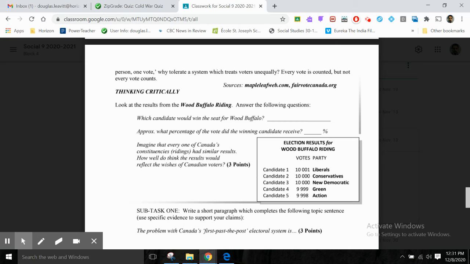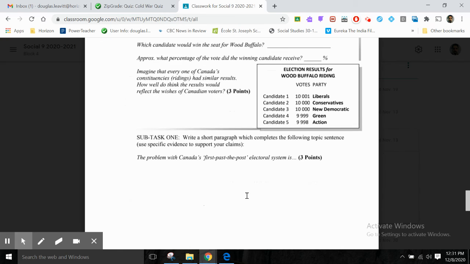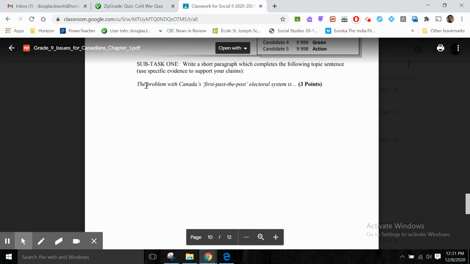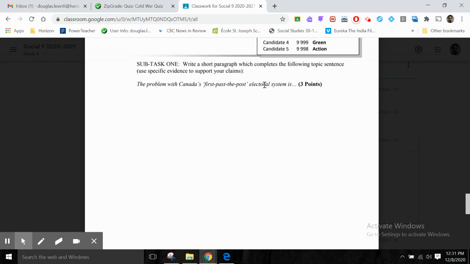Now, like I said, it would not happen, but you're going to see discrepancies, not exactly like that, but to a certain extent, which people would cry, well, that's not fair. A political party with only 35 to 40% of the popular vote has 60 some percent of the seats in parliament. So I think I've spelled out some of the problems with first past the post.